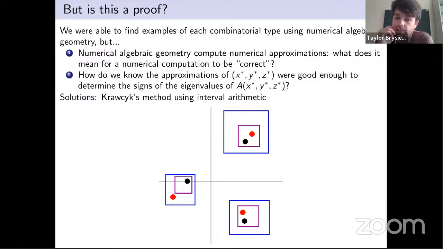And the way that you show something is real is you truncate your box so that it's fixed under complex conjugation. And then you apply Newton's method again. You see that it's still being contracted, because solutions have to come in complex conjugate pairs. And that shows something's real. And so you just keep contracting, and in the limit, you get the true solution.